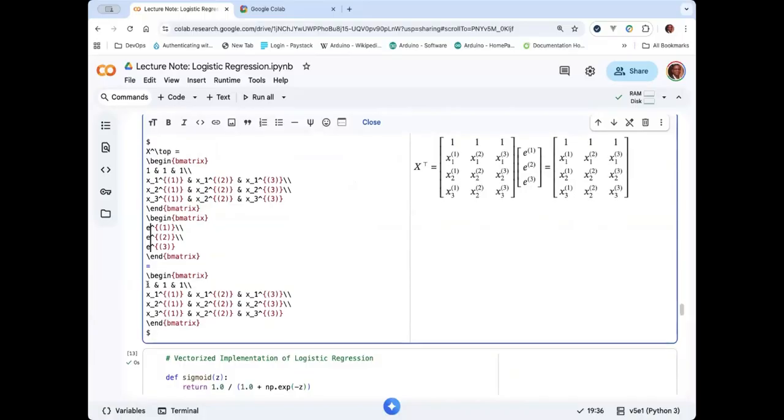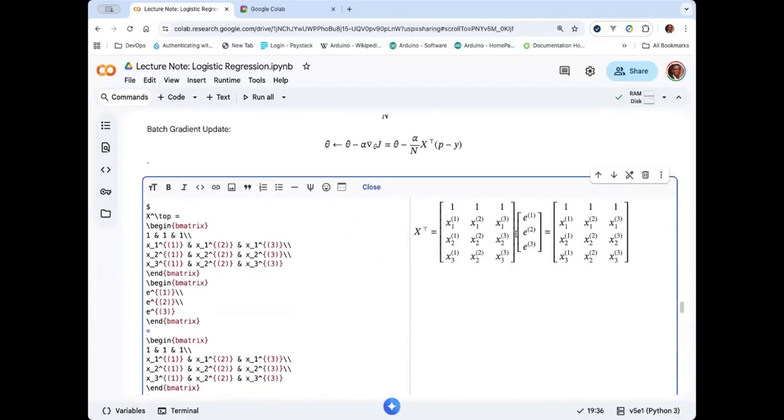And so when you do this matrix multiplication, you take this E first and you multiply it against, you normally do matrices this way, you take this one and you multiply it here, right?